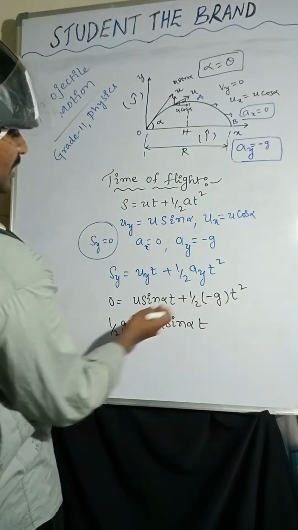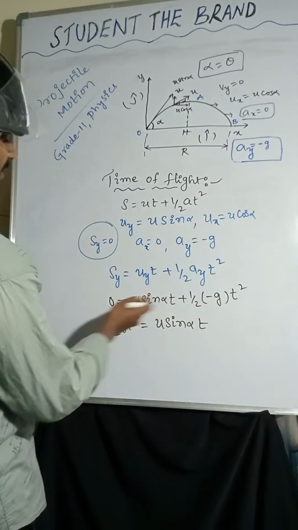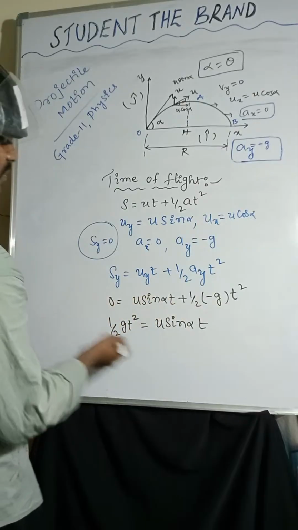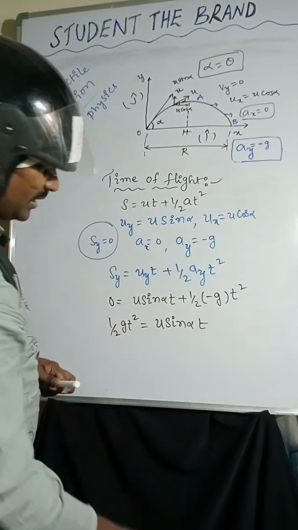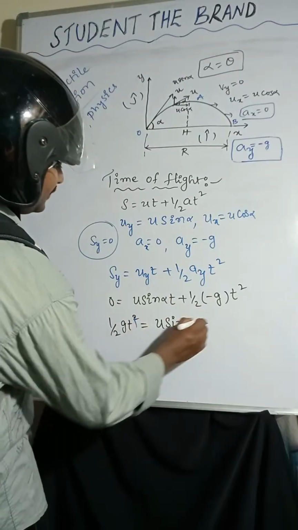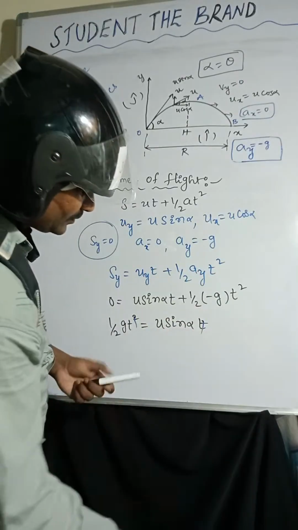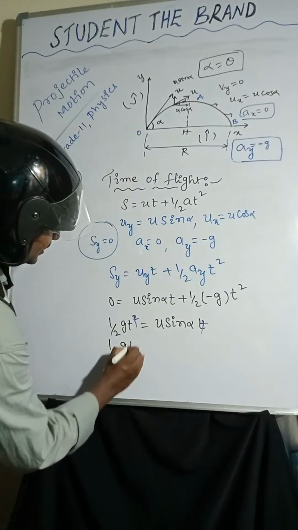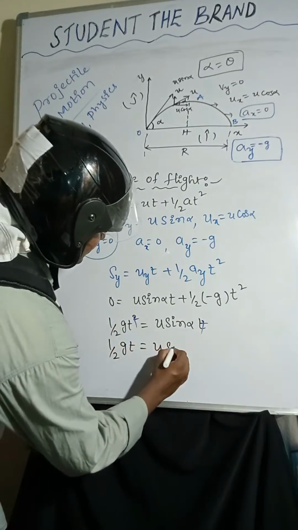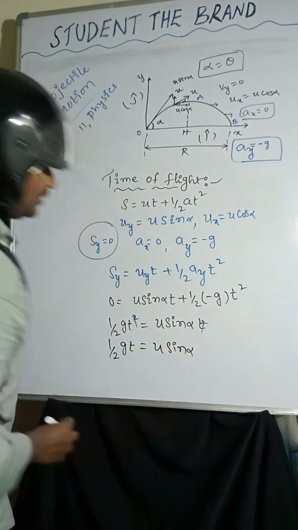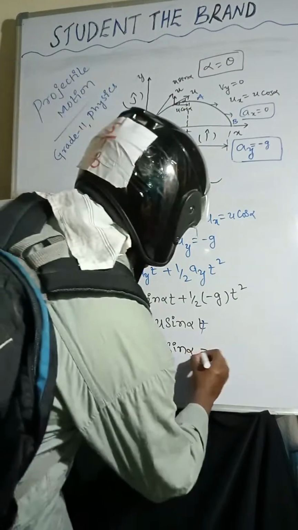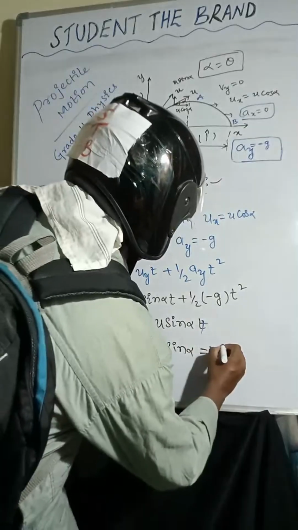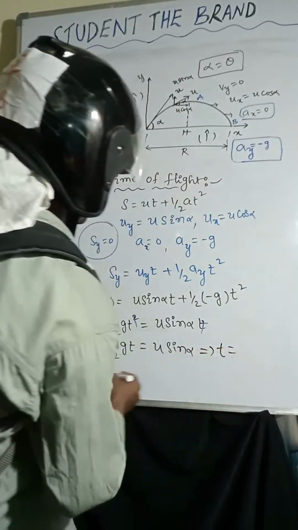We need only one t, so t gets cancelled, then 1 by 2 into g t equal to u sine alpha. So from this you can take t equal to time of flight.